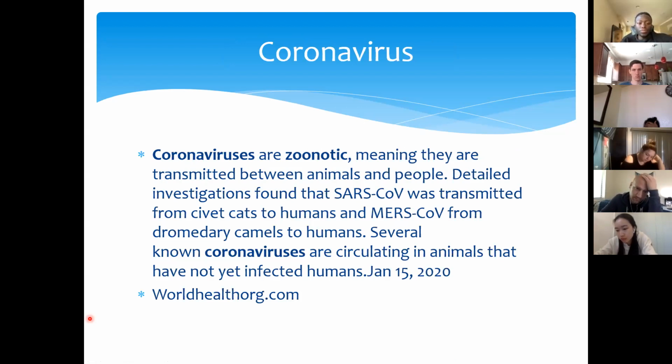That means they can be transmitted from animals to people. They're doing more research on how this is possible and what causes the mutation in these viruses to allow it to be transmitted from animals to humans. And MERS, which is the Middle East Respiratory Syndrome, came from cats to humans.